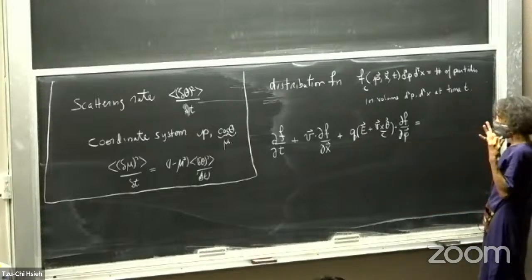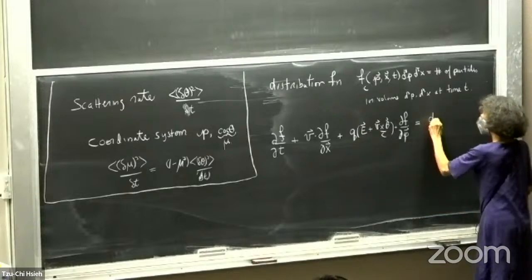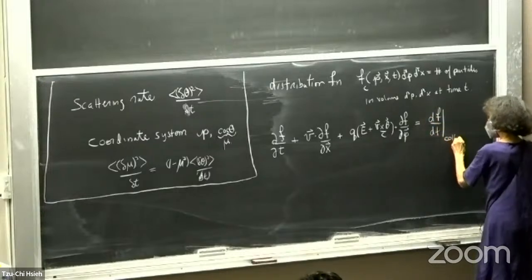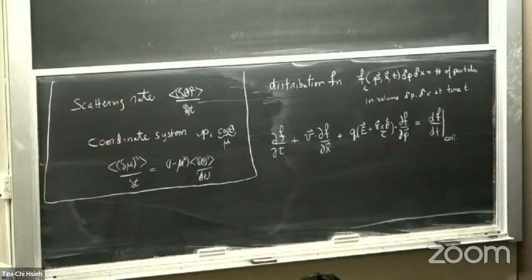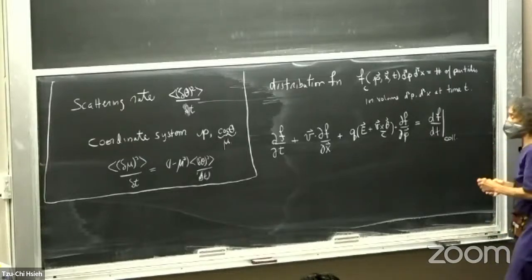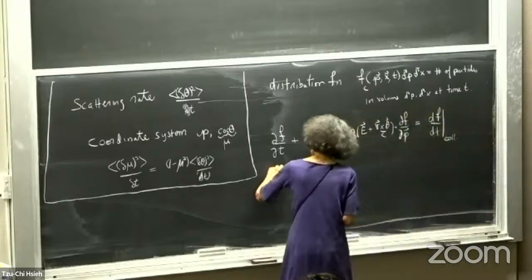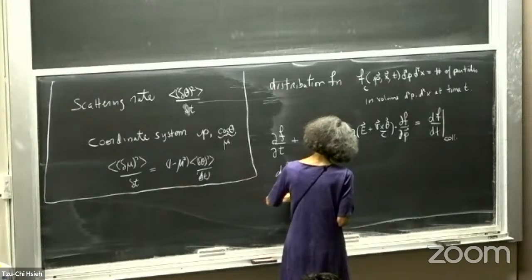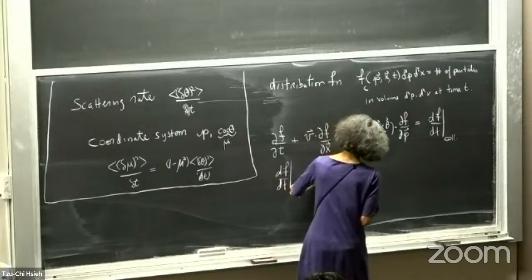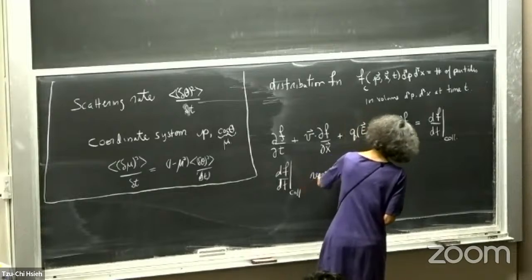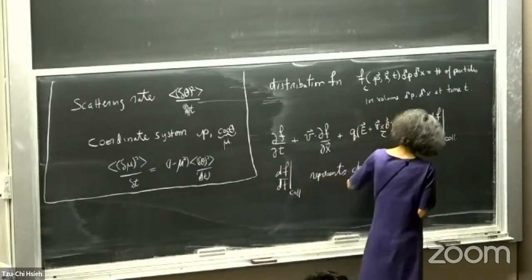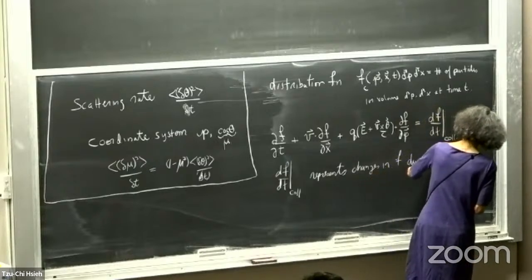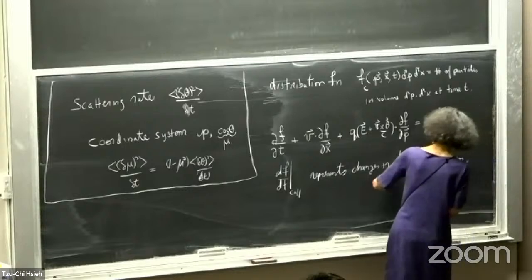And we're going to write it as equal to df dt collisions. So what is this collision term? df dt collisions represents changes in f due to random forces.